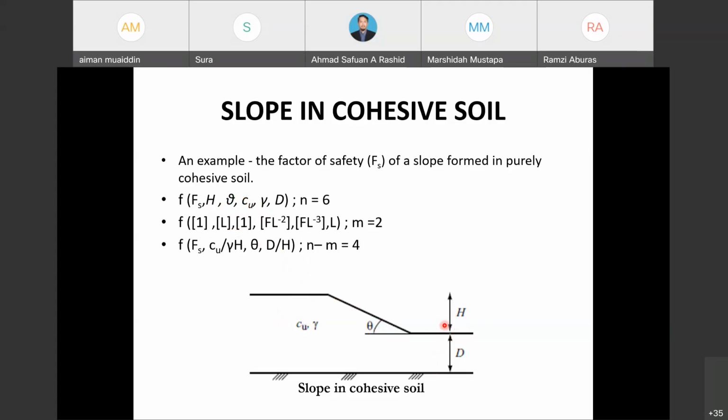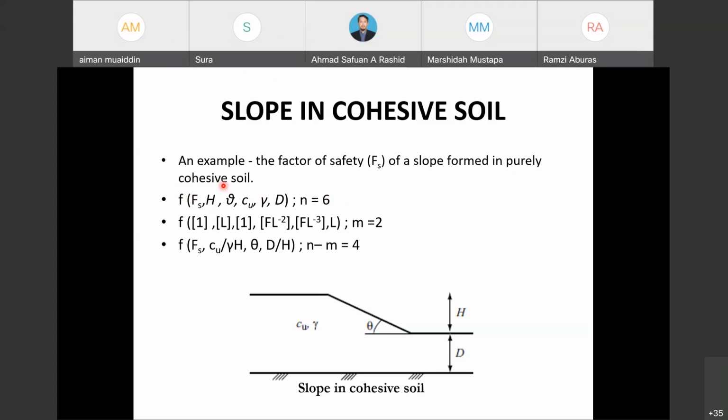These are some of the parameters normally considered for a purely cohesive soil slope. If it does not mention purely cohesive soil, most probably there will be another parameter, which is the phi value. So we have five inputs and one output, the factor of safety. So we list n equal to 6.